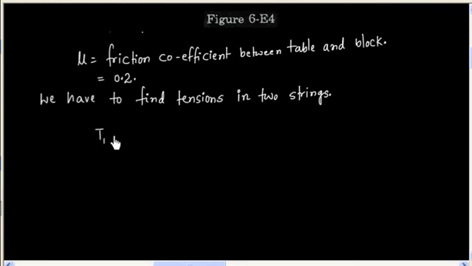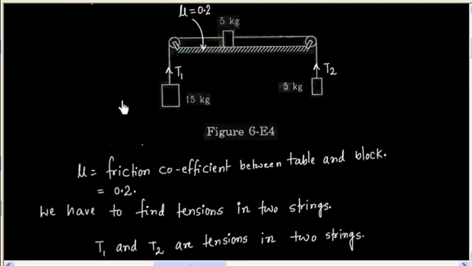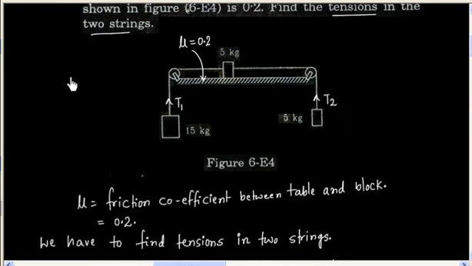So T1 and T2 are tensions in the strings. So we have to draw a free body diagram.